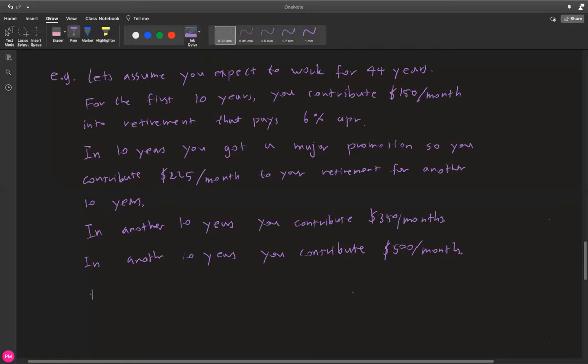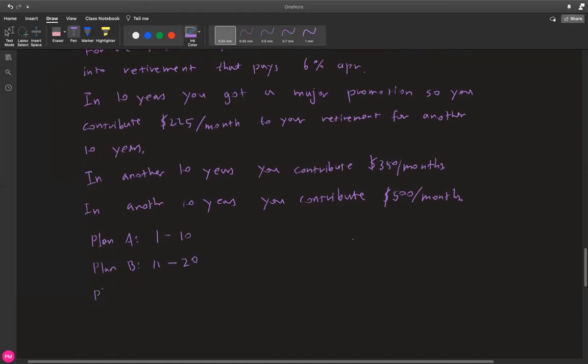Let's say plan A is year 1 to 10, and plan B is year 11 to 20.